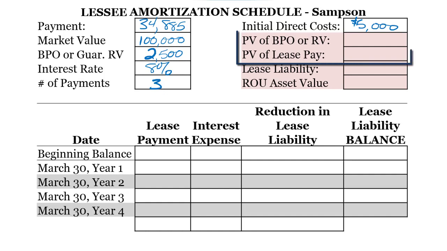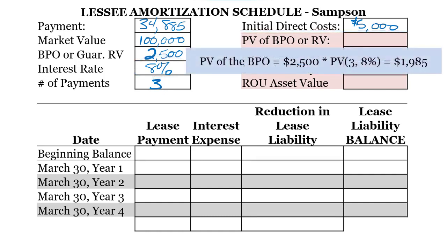Now I'm going to calculate the present value of these numbers using my 8% interest. So the present value of the bargain purchase option or residual value that I've guaranteed would be the $2,500 times the present value factor, N of 3, 8%, and that comes out to $1,985.